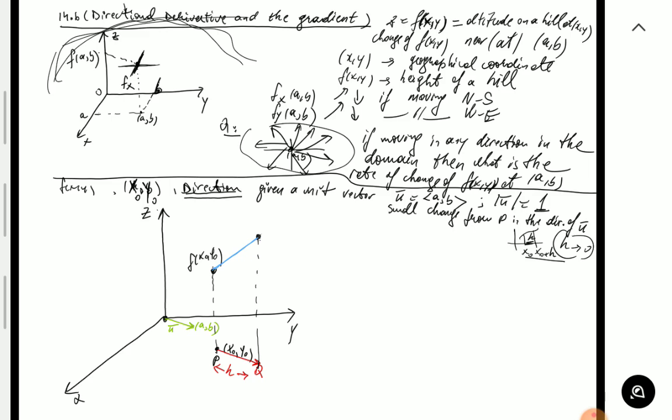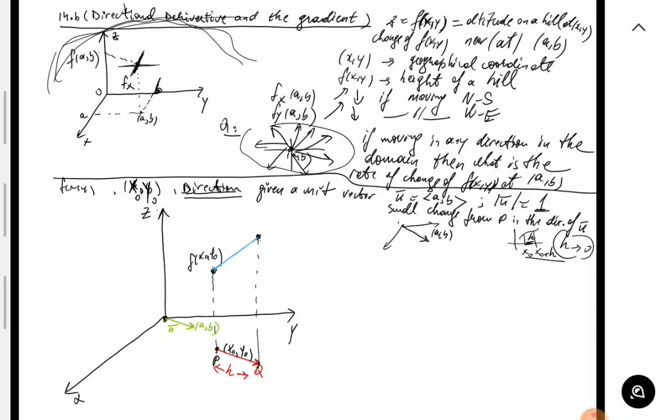Let's take a little bit of a detour from this picture. Let's go back to the vector in component form here, right? So we have that vector in the component form of coordinates a, b.